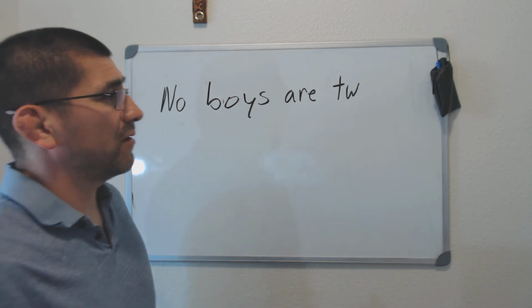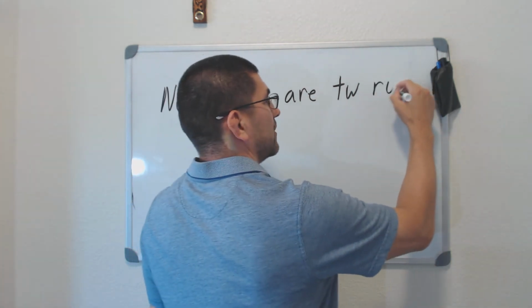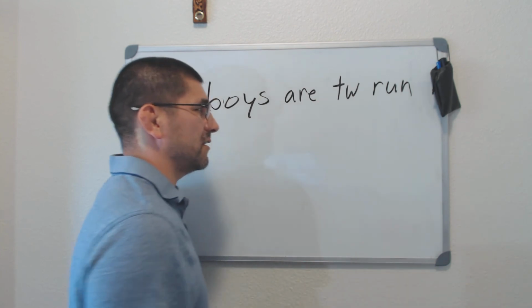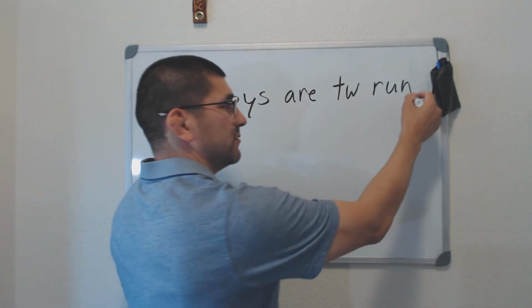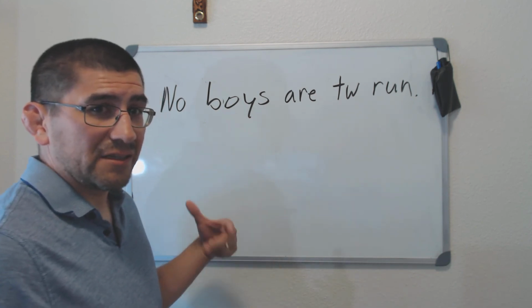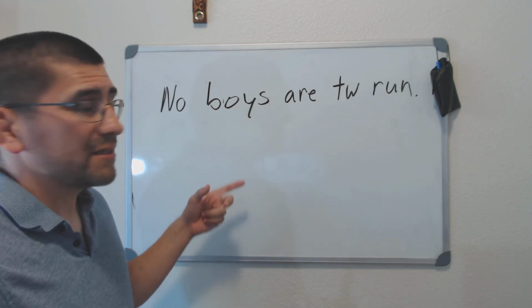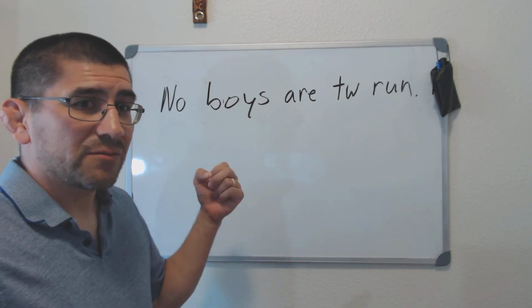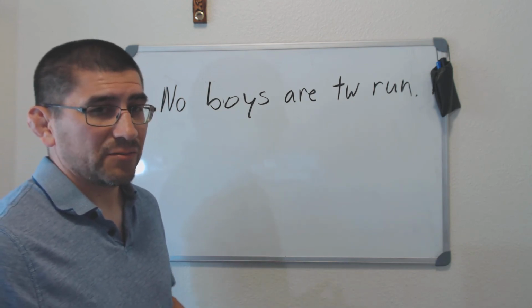Finishing this one: no boys are that which run, and I'm just using TW for that which. Now all I have to do to complete the exercise of putting this into logical form is put the subject term and the predicate term into brackets.